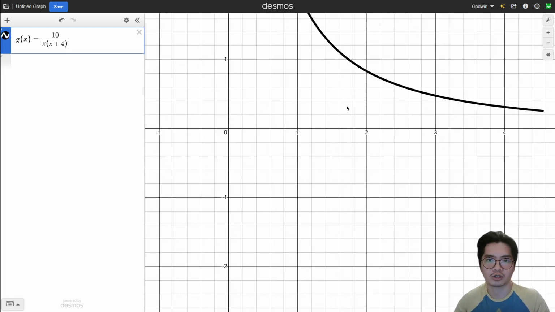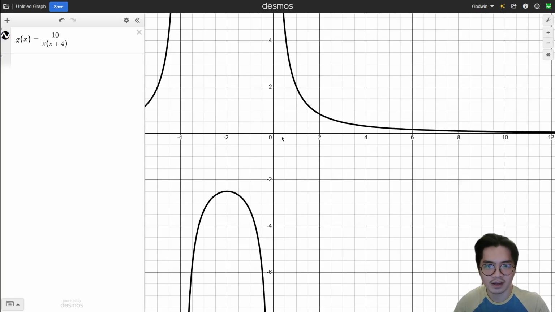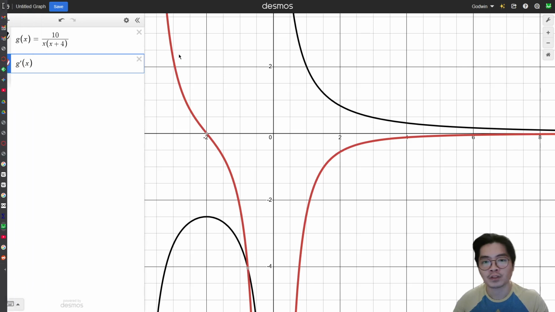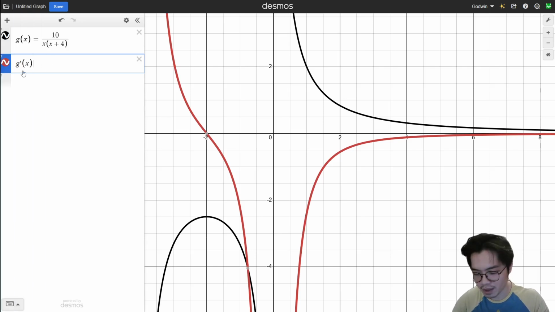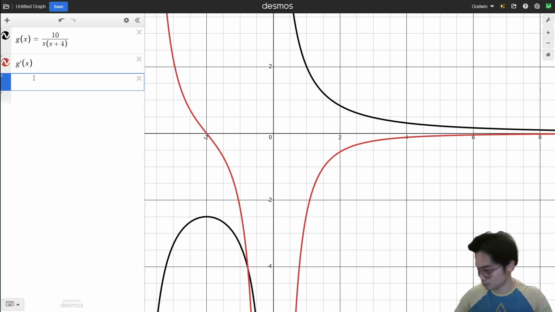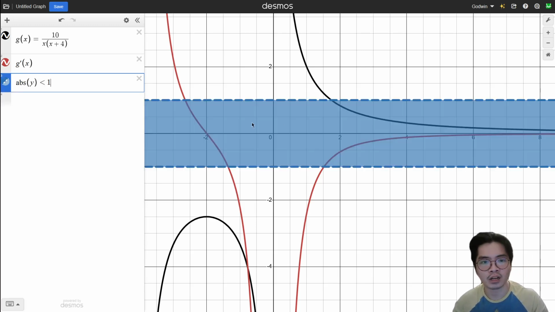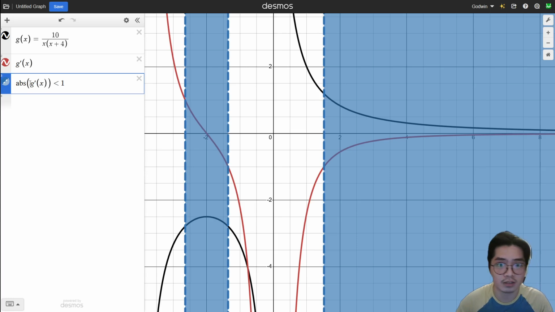So you will have this thing, and then let's try and look at our g prime of x. Note that in this case, the absolute value of g prime of x needs to be less than 1. Let's try this now. There you go. And let's actually try this. G prime. Oh, there you go.